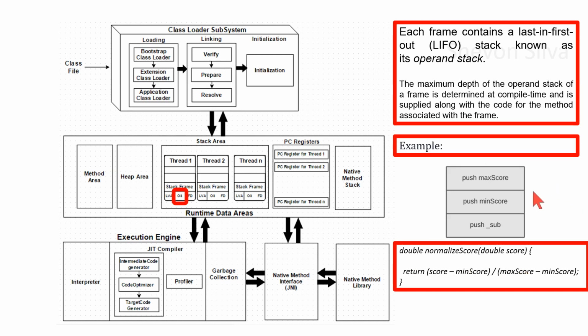For example, intermediate operations like push max score, push min score, push subs are in operand stack. Here you can see intermediate operations are there. These are also performed in operand stack.